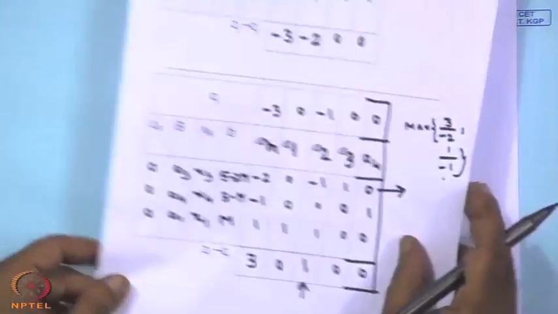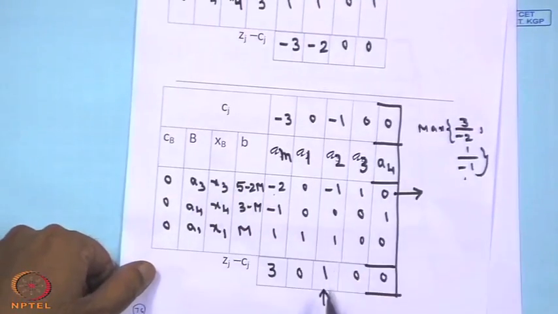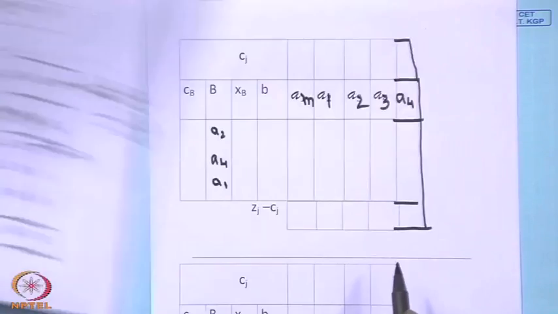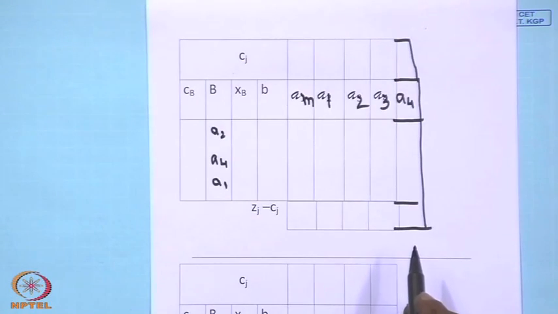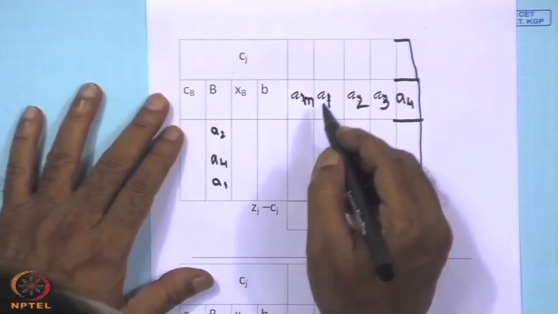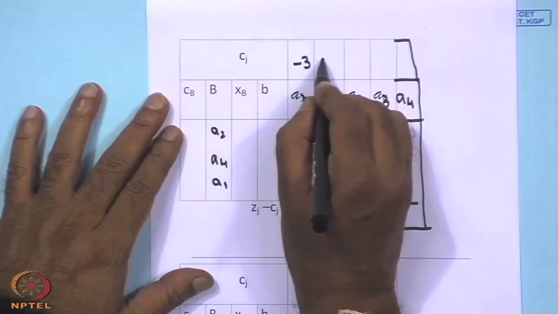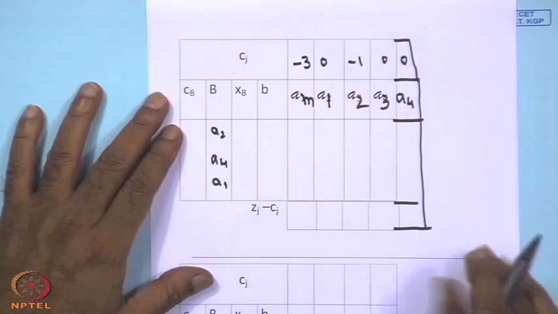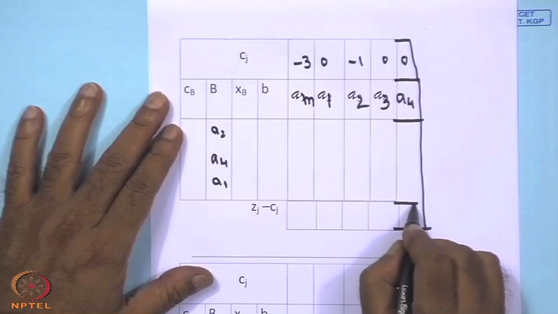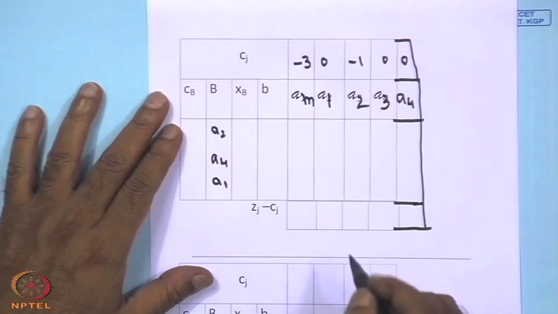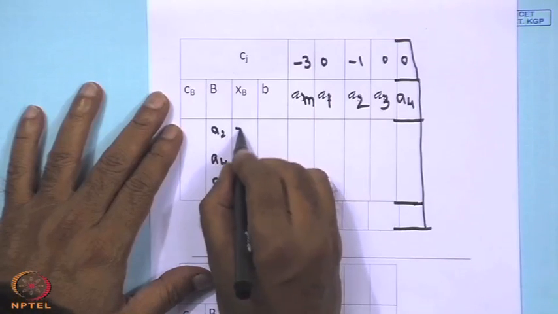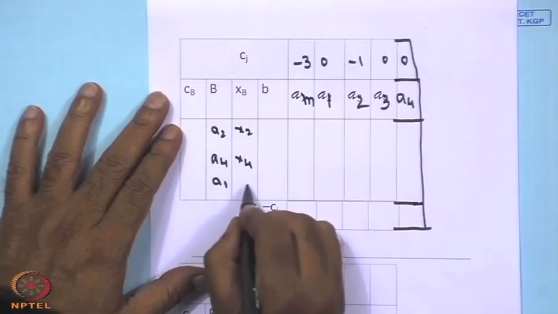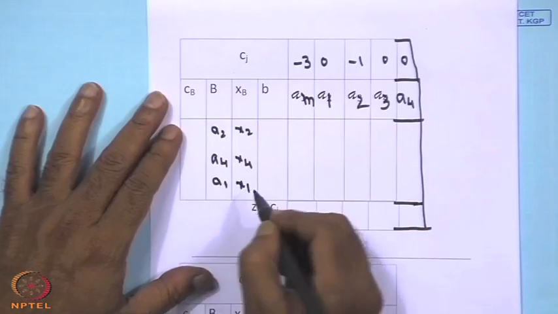It was a 3 that was departing and a 2 is entering. So, a 3 is replaced by a 2. Your C j values, there is no change: minus 3, 0, minus 1, 0 and 0. Once you have obtained this, your x b is x 2, x 4 and x 1.